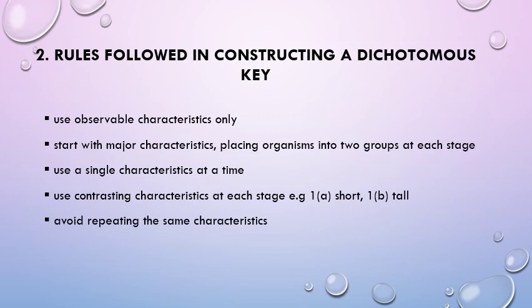Vertebrate and invertebrate are large groups, so this is a major character. Number 3 is use a single characteristic at a time. Obviously we should use a single character at one time for better understanding. Number 4 is use contrasting characters at each stage, for example tall and short. Avoid repeating the same character.